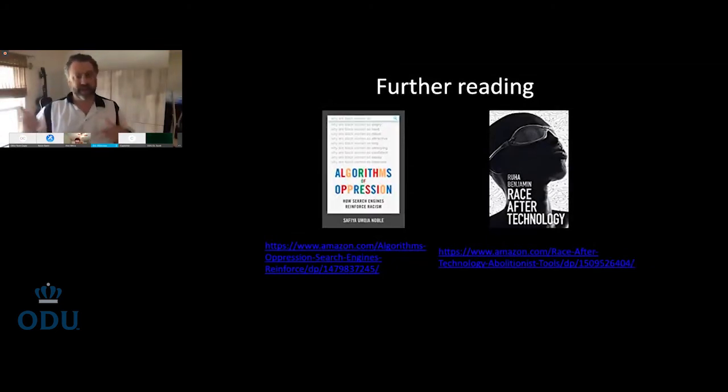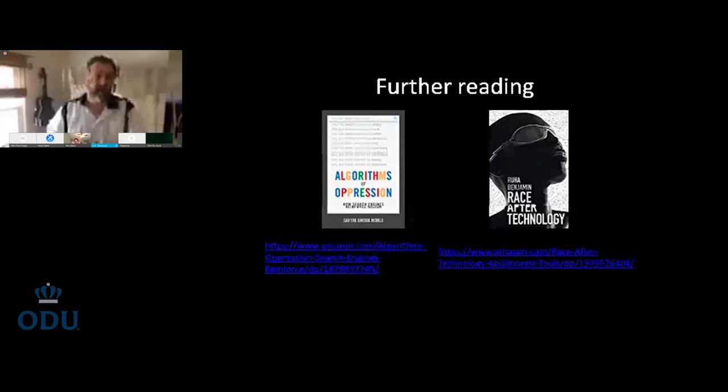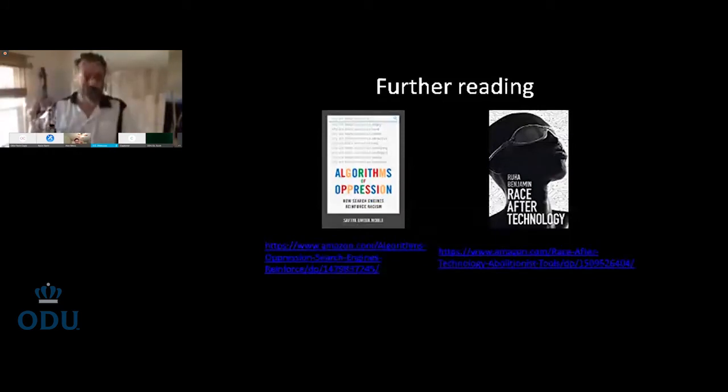If you did that in image search, you got mugshots. If you search for "3 white teenagers," you get stock footage of people laughing and eating salad. If you search for "3 Latina teenagers," and the same with Asians, you get really sexualized content. So with search, there's lots of interesting stuff going on.